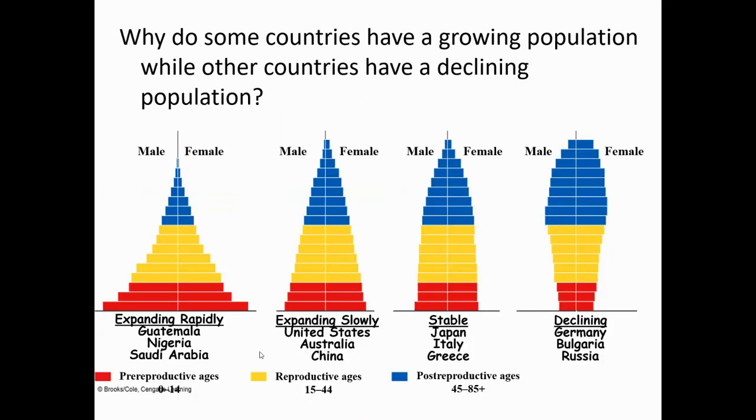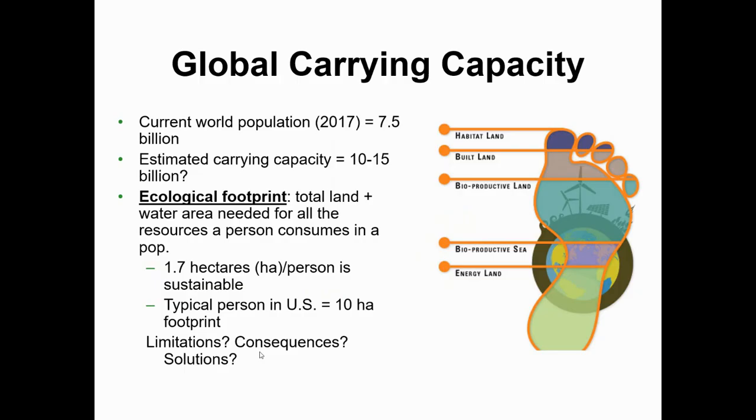These age structure diagrams can really give us insight into the world we are living in. Here are some more. Some are growing, some are declining. Why is that? It comes down to education, medicine, and access to those. The big key here is that we're going to look at human impact. It brings in the question: what is our carrying capacity? What is the impact that we are having on the world? Are humans impacting the world?